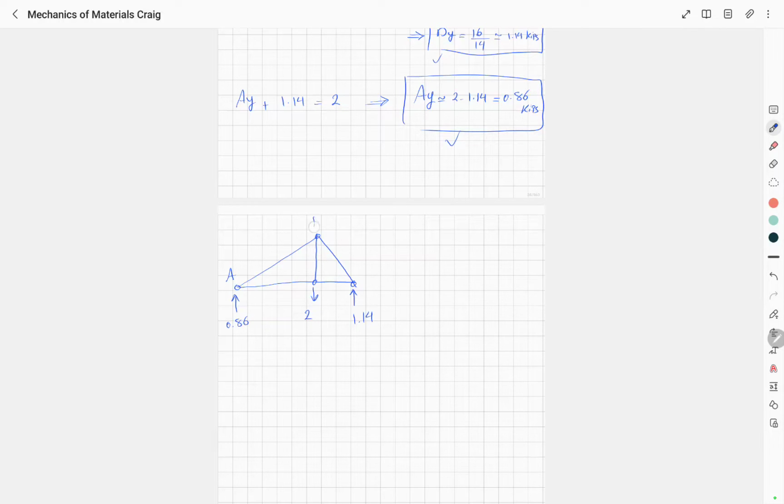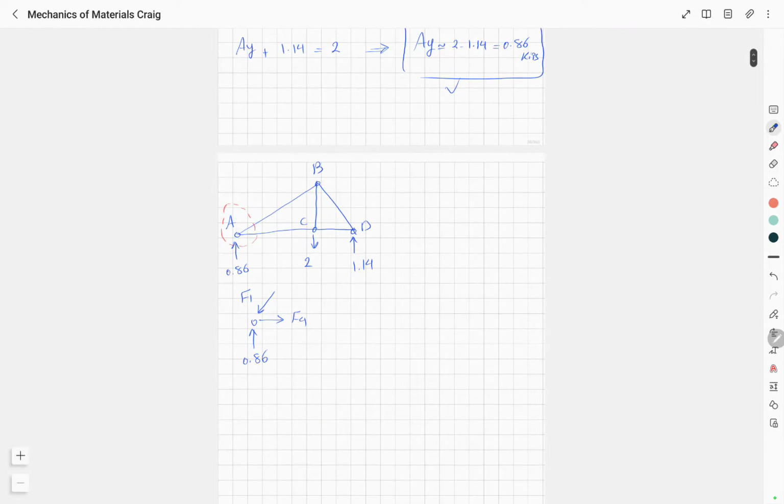A, B, this is D, and this is C. So this is 0.86. This is F1, and this is F4. And this is joint A.